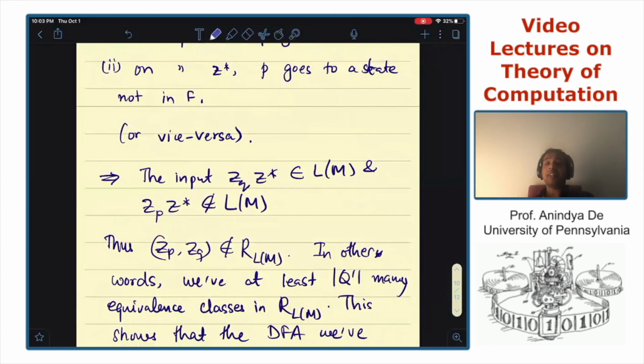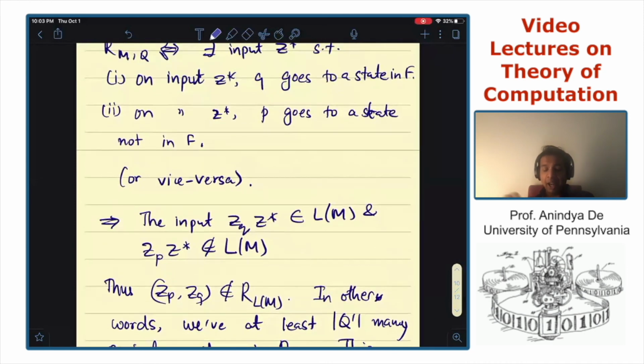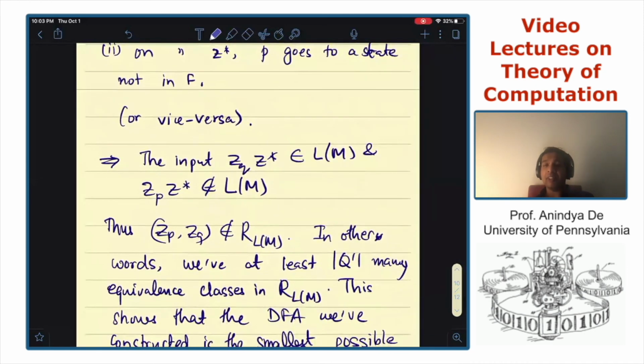In other words, corresponding to every state in the DFA M prime, we have identified a string such that all these different strings are in different equivalence classes with respect to R sub L_M. In other words, we have at least as many equivalence classes in R_{L_M} as the number of states in M prime.